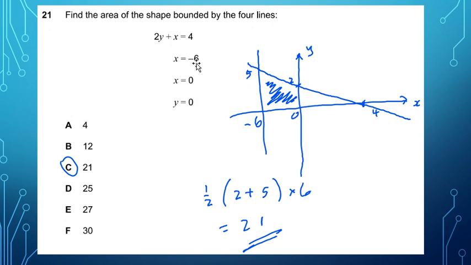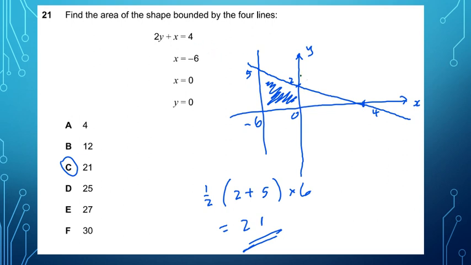So we need to consider how these appear on a graph. So y equals 0, x equals 0, coordinate axes, and x equals -6, vertical line through -6, and then we've got a sloping line which we can sketch easily. We can rearrange to find the intercept.